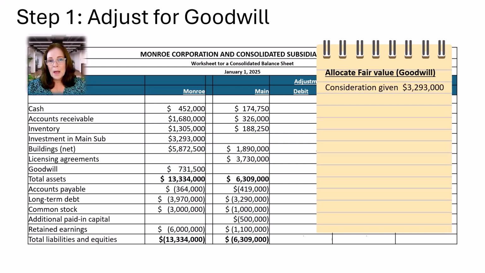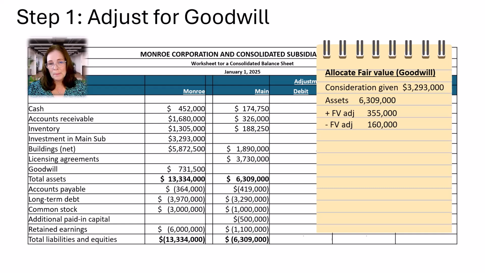We start with the amount paid by Monroe of $3,293,000. And we subtract net assets Monroe received for it, adjusted to fair value. Maine's assets are $6,309,000. Now we'll adjust for the fair value increase of the building of $355,000 and for the fair value step down of the licensing agreements of $160,000.